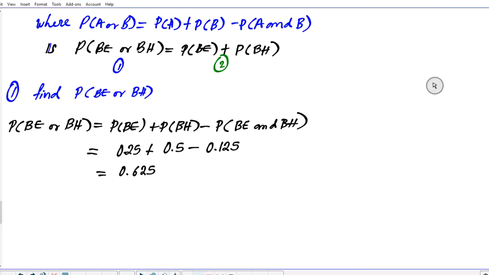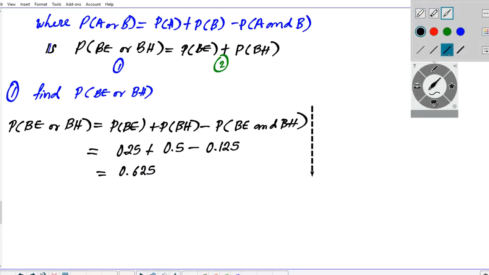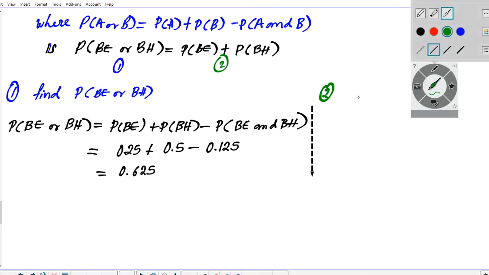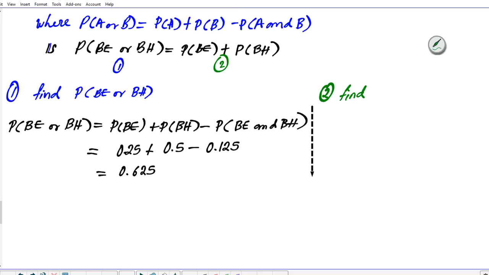So for part 2, the question is, what is the probability of blue eyes plus the probability of blonde hair? Okay, so for part 2, let's put it in green, we're trying to find the value of probability of blue eyes plus the probability of blonde hair.